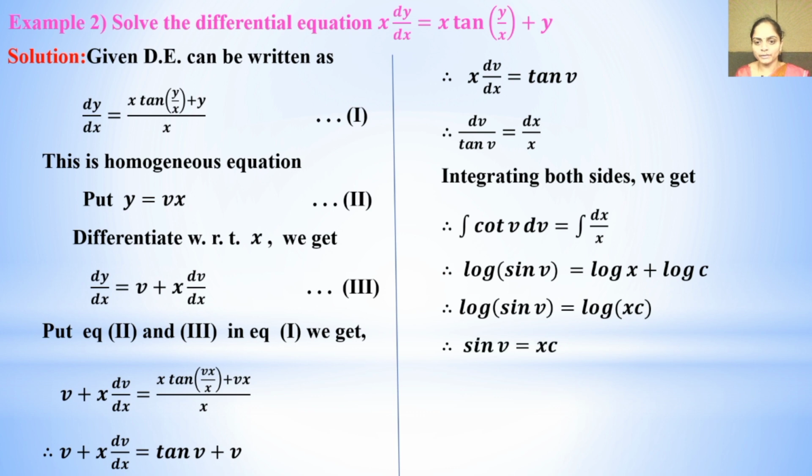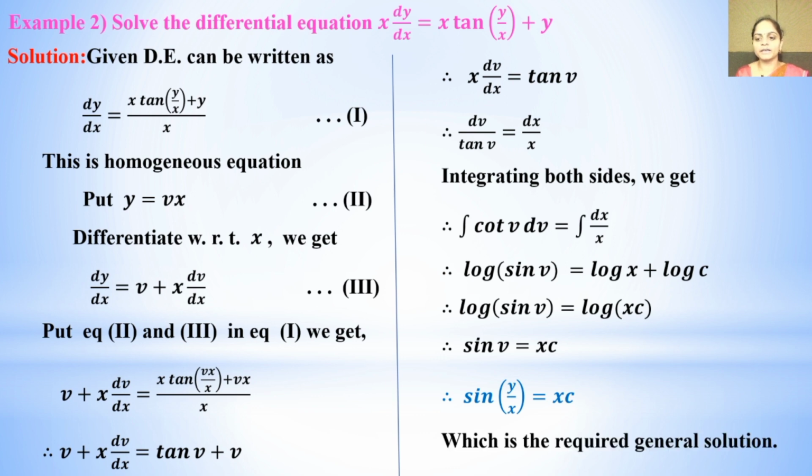So we get sin v is equal to x into c. Now we resubstitute the value of v, which is y upon x. Therefore sin of y upon x is equal to x into c, which is our required general solution.